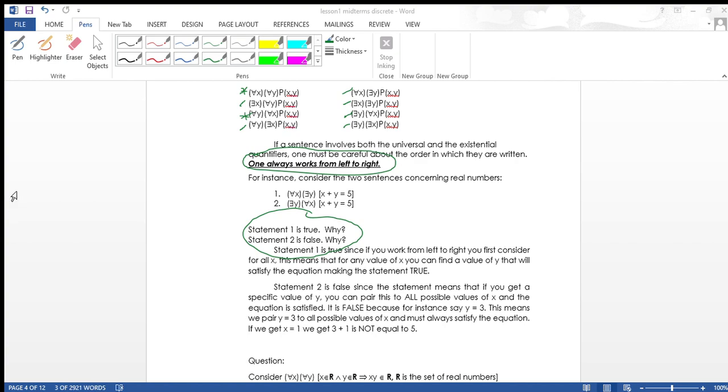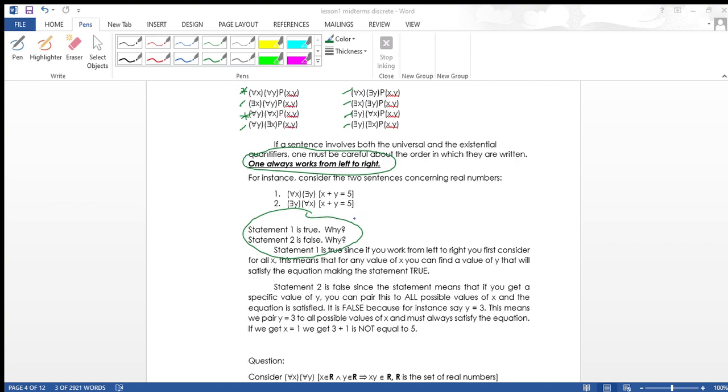Again, what is the meaning of this section here? There exists a y which will be paired for all x that will now satisfy this.